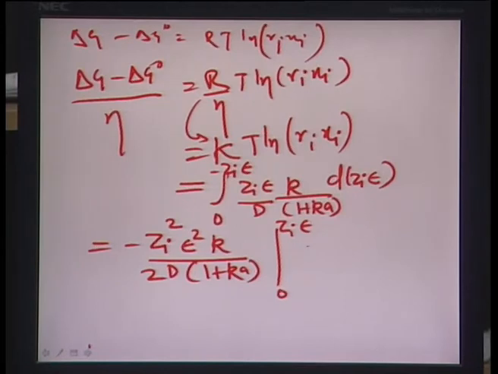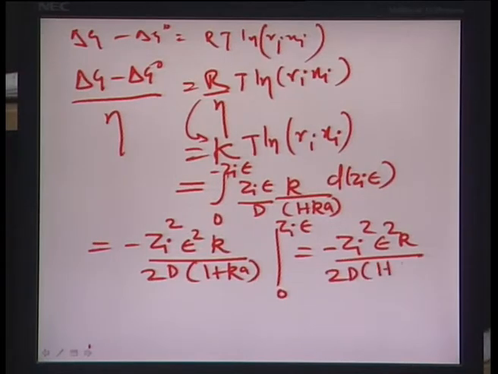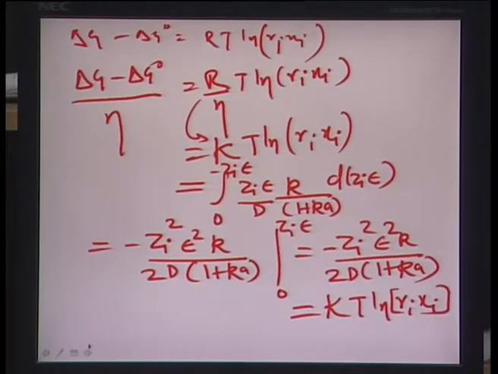So, essentially nothing but the same Zi square times epsilon square times k divided by twice d times 1 plus k a. And this is equated to our earlier expression here, kT times ln gamma i xi.